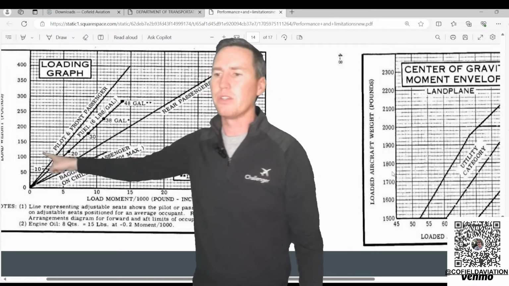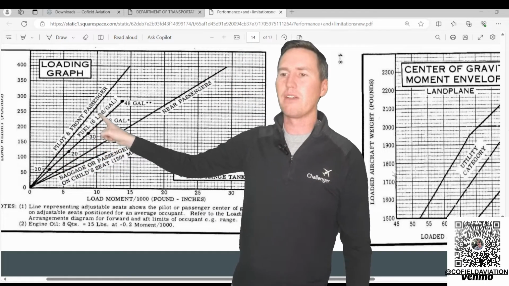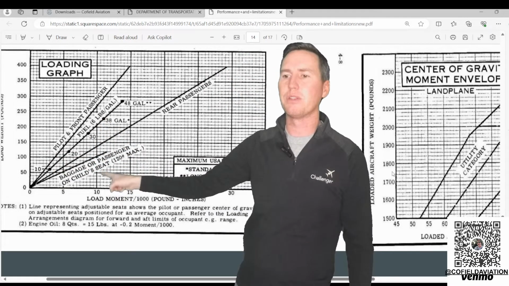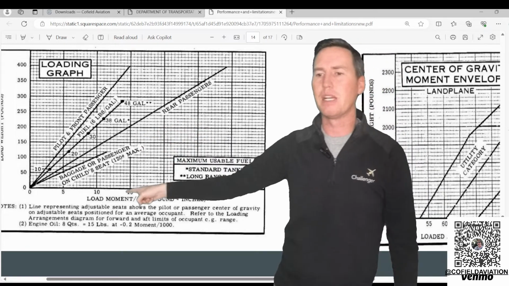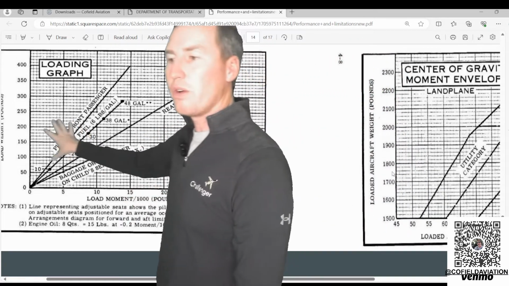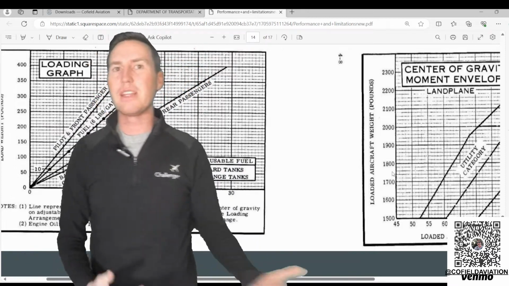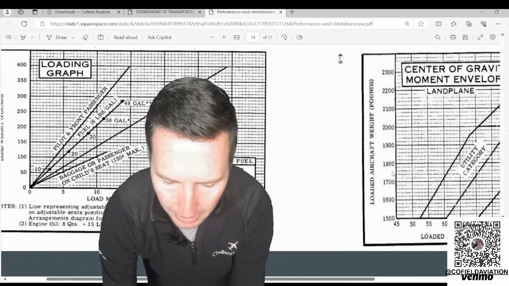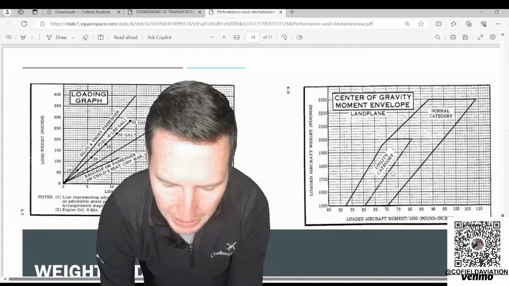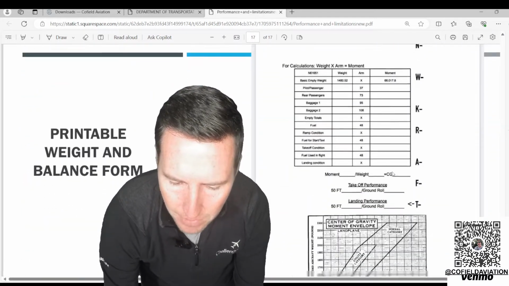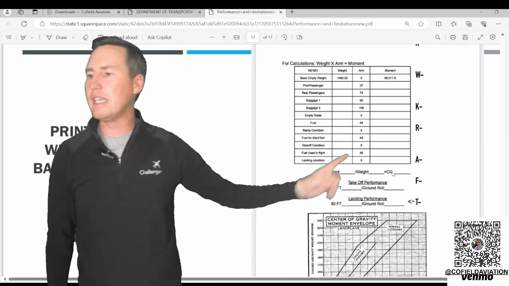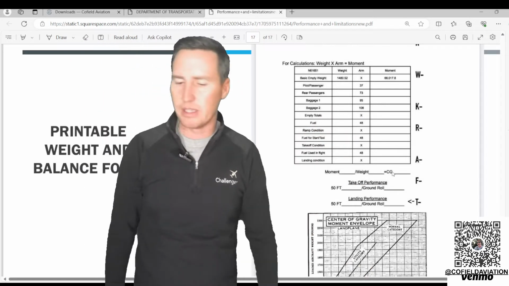You could go to fuel, however much fuel you have, come down, and it gives you the moment. You can go to how much weight you have in the rear passenger, come down and get a moment. So you can use this loading graph to do the same thing that we're going to do with this worksheet. However, I think it's just more accurate and easier to do it this way.